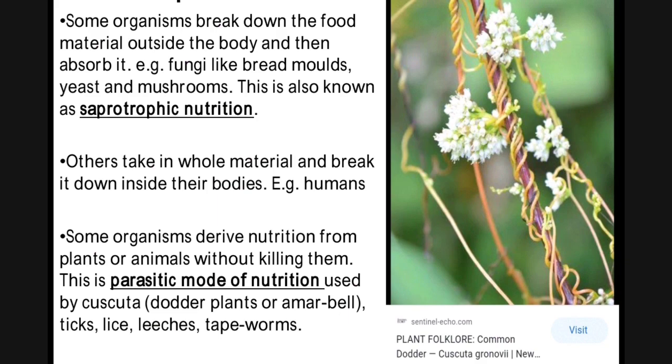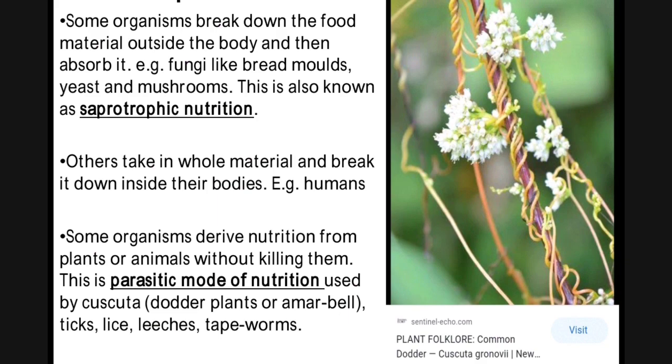And in the parasitic mode of nutrition, we can take the example of cuscuta, leeches, tapeworms, etc., that live on or in the body of the host without killing the other organism.